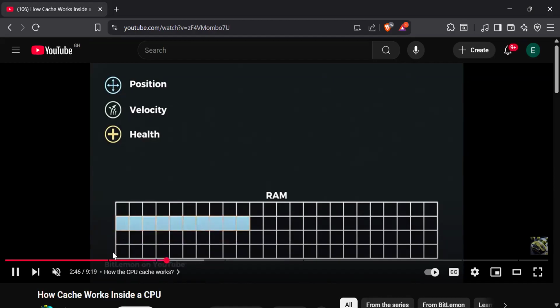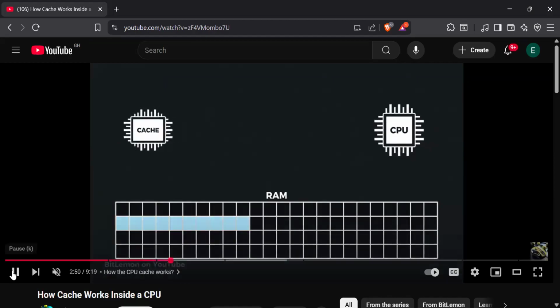So the main concept of the memory works this way. We have data stored on the RAM that needs to be given to the CPU. But the CPU requesting this data from the RAM will take quite a long time and will slow down our process. So the CPU will make that request from the cache.